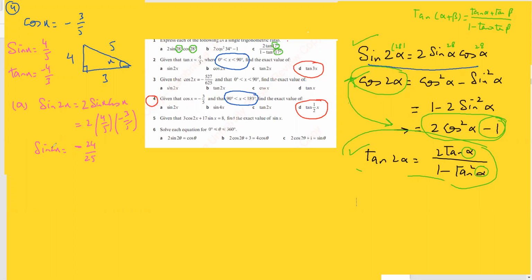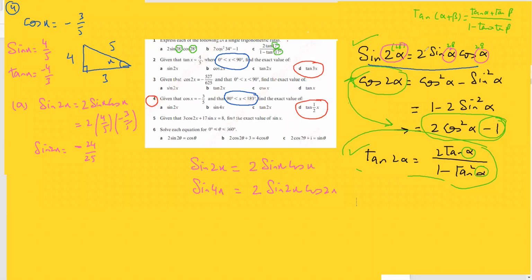Since you know that your sine 2x is 2 sine x cos x, look at this, how you can get new formulas. Can I say then my sine 4x would be 2 sine 2x cos 2x? Because this ratio is always maintained, like if you have 2 alpha over here, there is alpha, there is alpha.